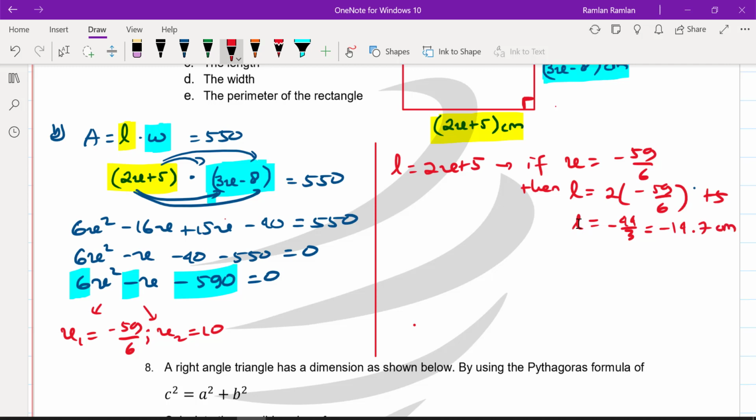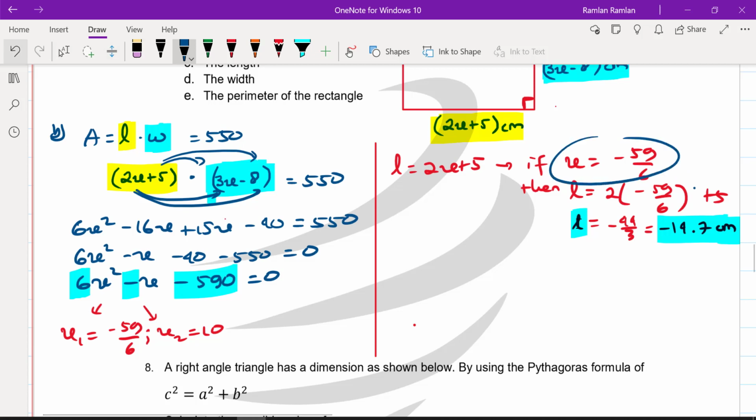Now in this context, this does not make any sense, right? Because the measurement cannot be negative. If you say what is the length of the ruler, for example, you will have a positive number like 1 centimeter, 10 centimeter, 20 centimeter instead of negative. So this value of x does not make sense in this context, and we're not going to use it.